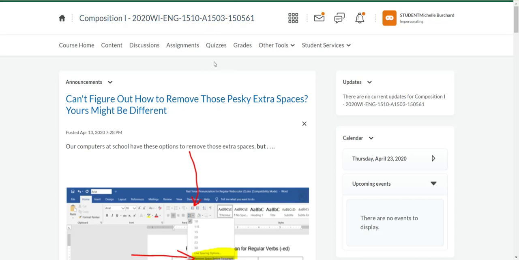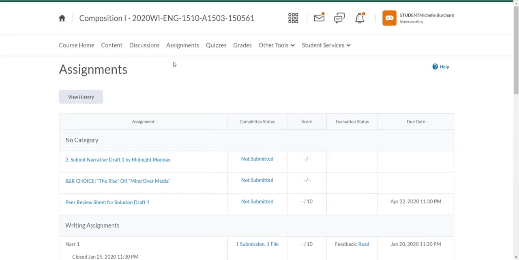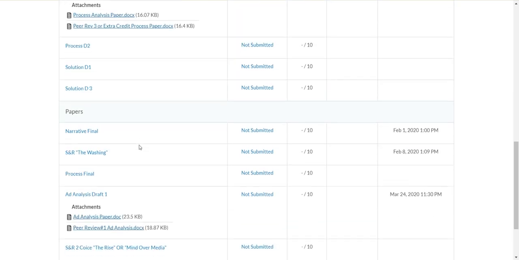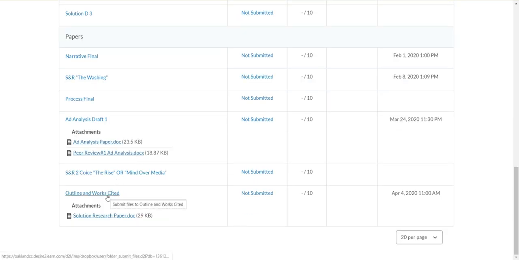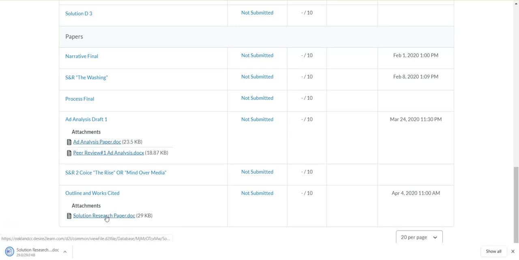So now you can see this is what you see when you go to our page in D2L. It was under assignments, and probably you were looking under draft one, but we actually started before draft one. We started with this outline and works cited, and that's where your solution research paper rubric is.